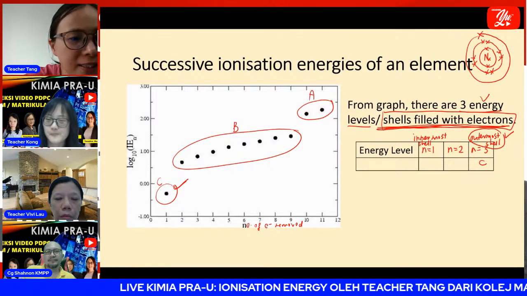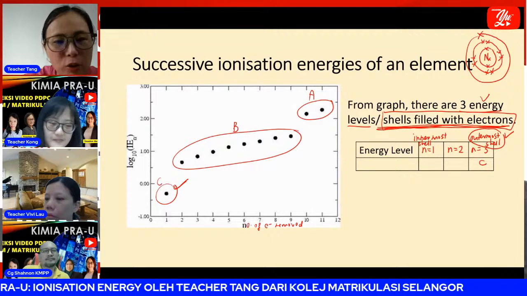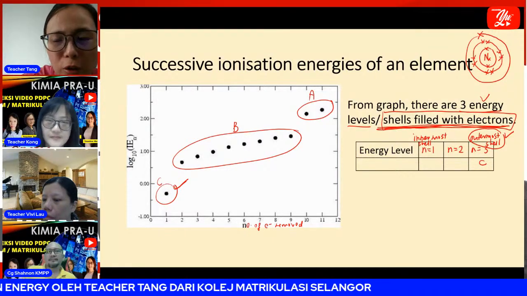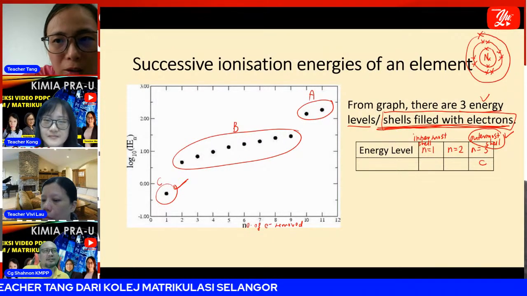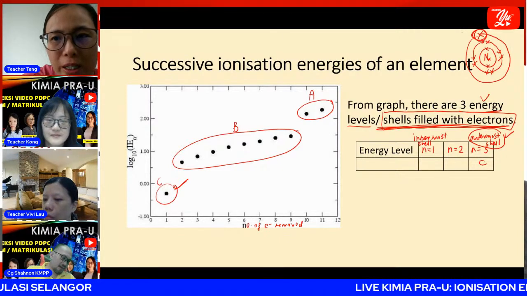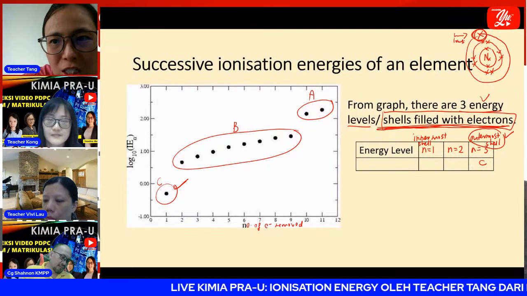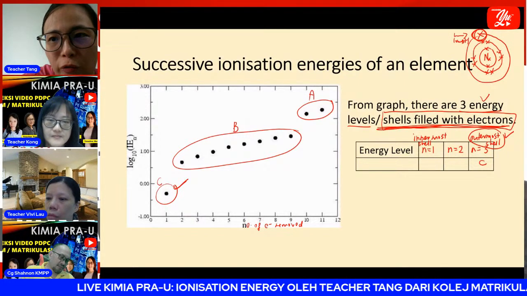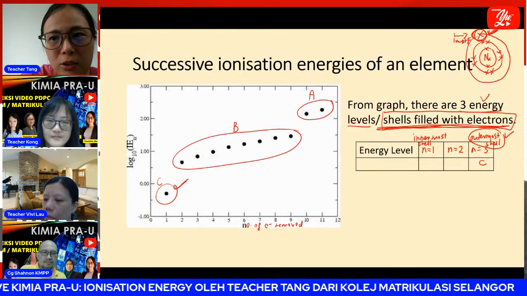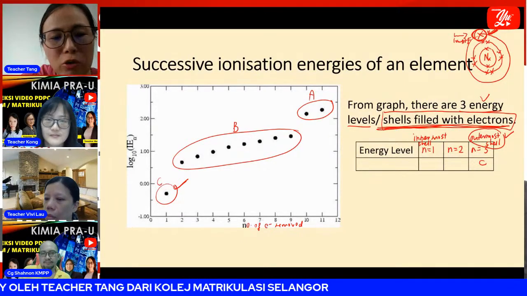It is because C is the furthest away from the nucleus, so the attraction of the nucleus on the outermost shell's electron is the weakest. If the attraction is the weakest, it means the lowest energy is needed to remove the outermost shell's electron. So you need the least energy to remove the electron in the outermost shell.